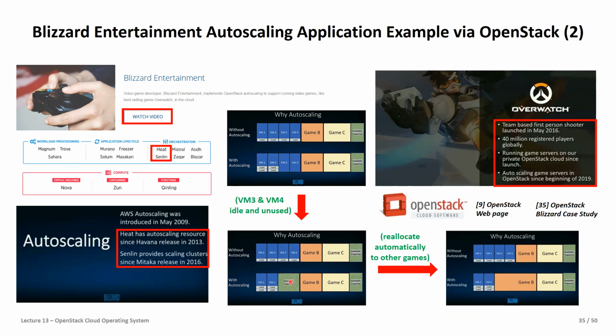But if you have auto-scaling intact, you quickly have free capacity, and in production they then automatically use the OpenStack components, mostly Zenlin, to reallocate this space for game B, because now it's required by that particular game. So you reuse your hardware.